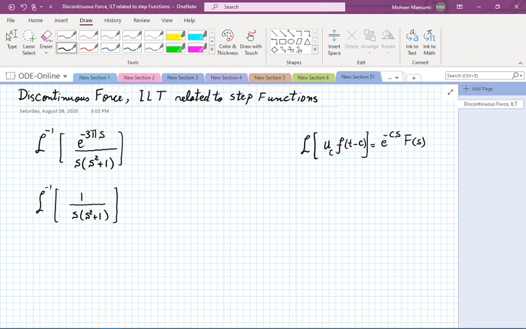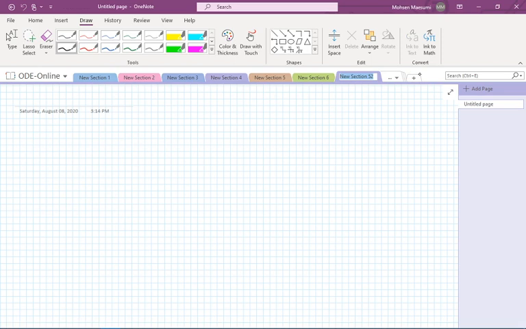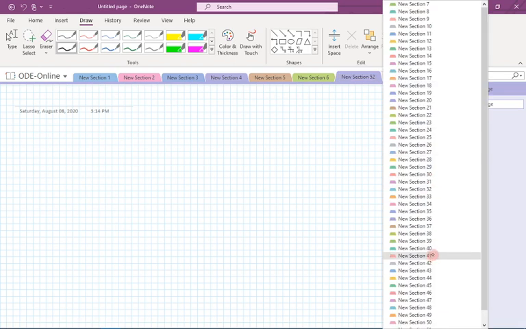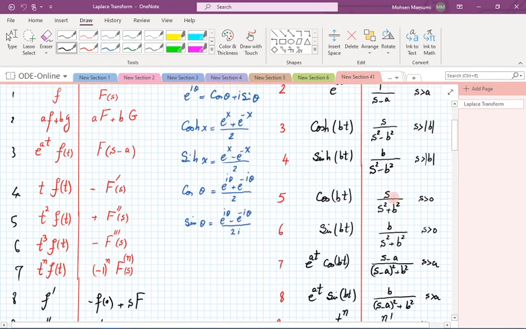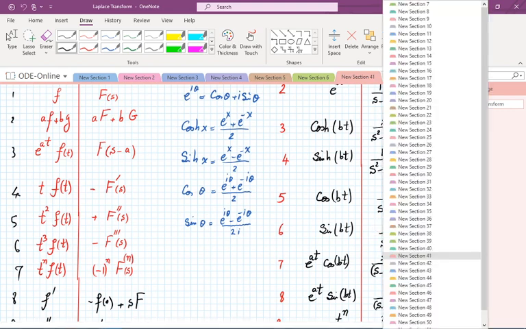If we look at our table, which we made a long time ago, the expression that we have doesn't show up in it. We said the biggest tool in this approach is to apply a partial fraction decomposition such that your resulting functions are small enough to show up in the table.